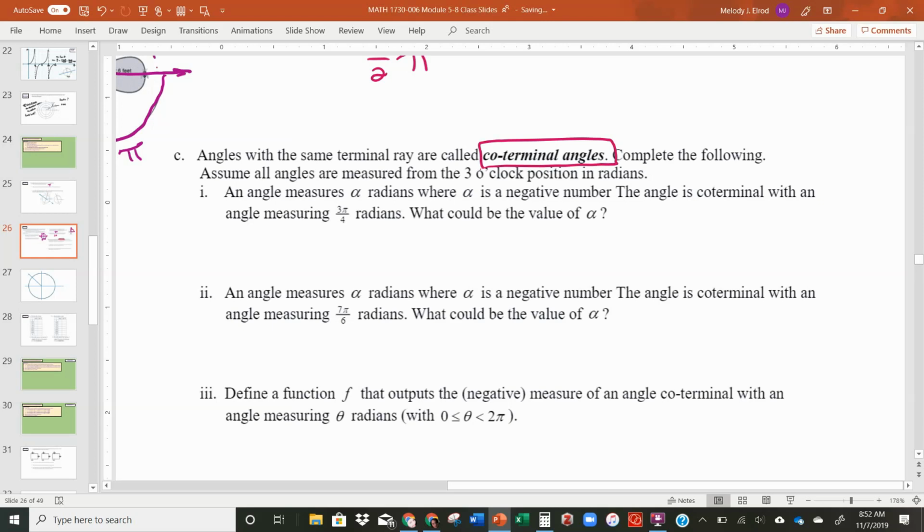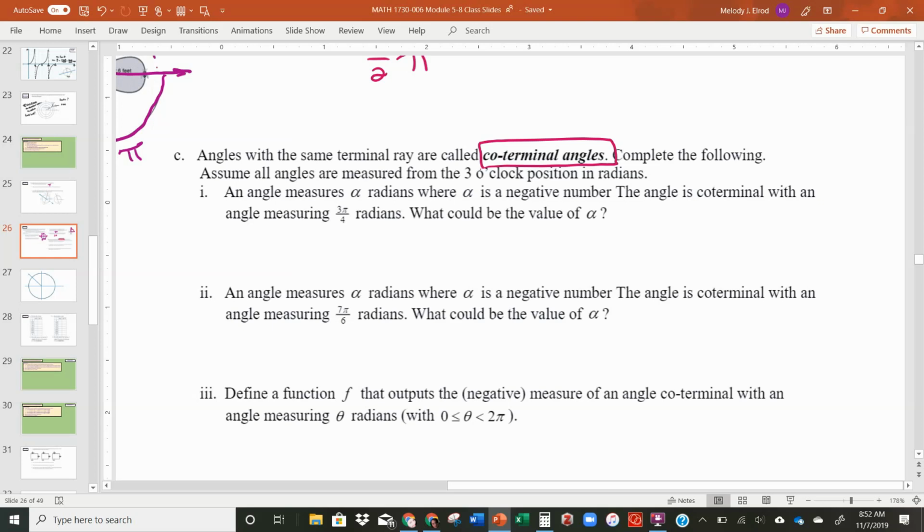Part 1 says an angle measures alpha radians, where alpha is a negative number. And alpha, by the way, is a Greek letter that looks a lot like an A, but when I draw it, it looks like a little fish. Pardon me for that, but it's going to happen. The angle is coterminal with an angle measuring 3/4 of pi radians.